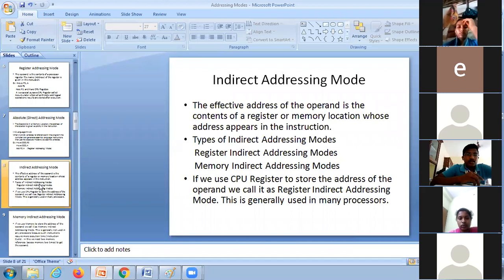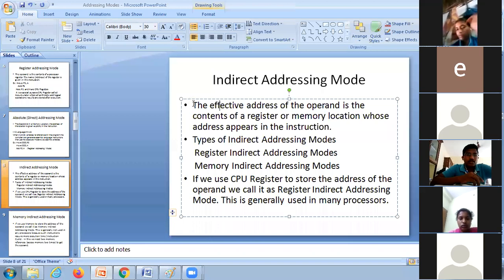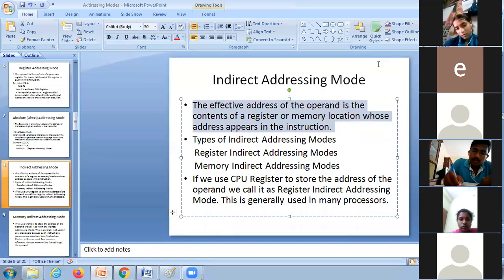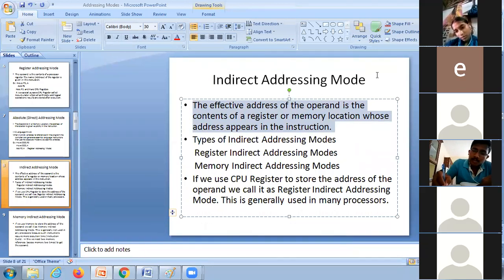Here in indirect there are two modes. All of you note down this sentence.